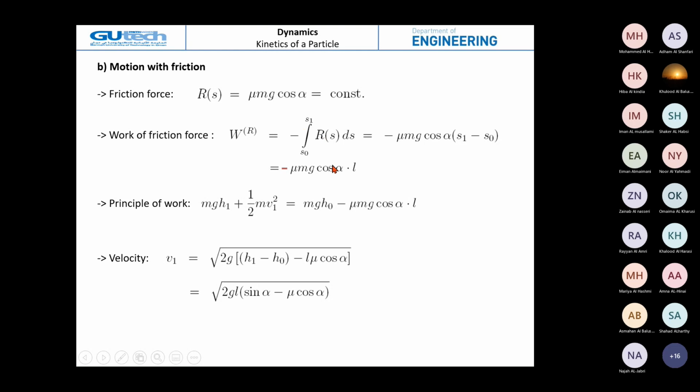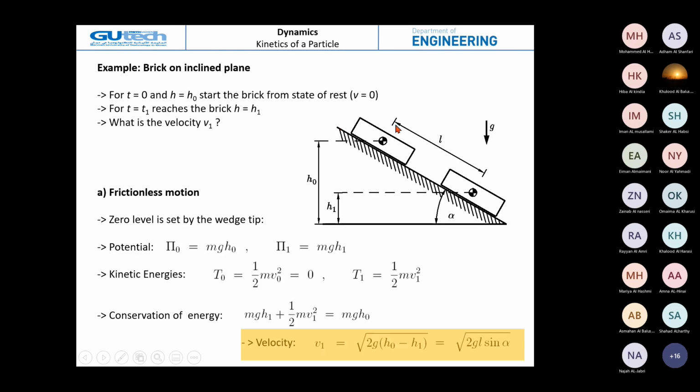Then we have WR in this case, it's minus mu mg cosine alpha multiplied by L. L is the covered distance from time T0 to T1.